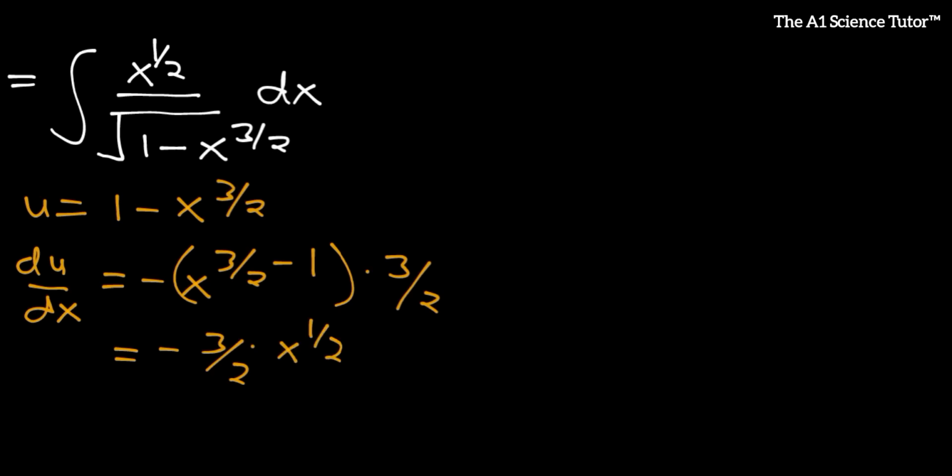That is basically what we have. Now remember, that is actually du, and if I took dx to the other side, this should give us negative 3 over 2 multiplied by x to the half multiplied by dx. Now obviously you know that 3/2 minus 1 should actually give us x to the half, right? So that is what I'm going to use to substitute.